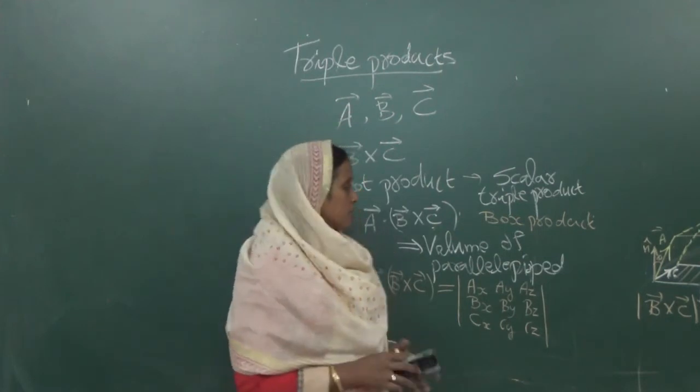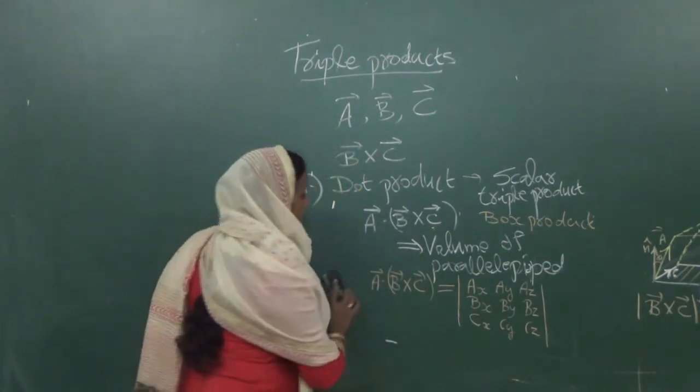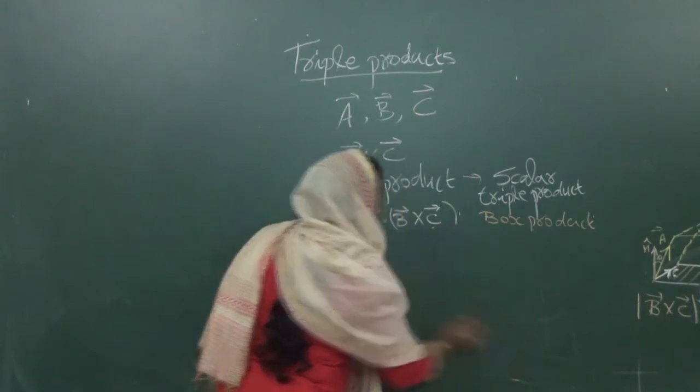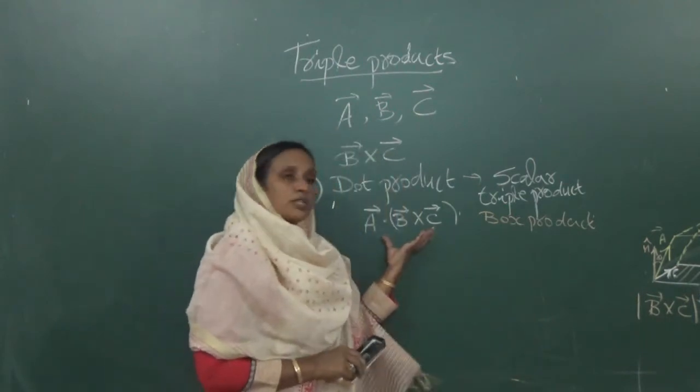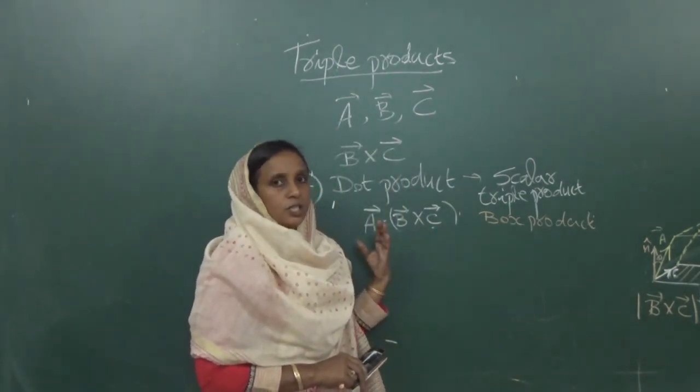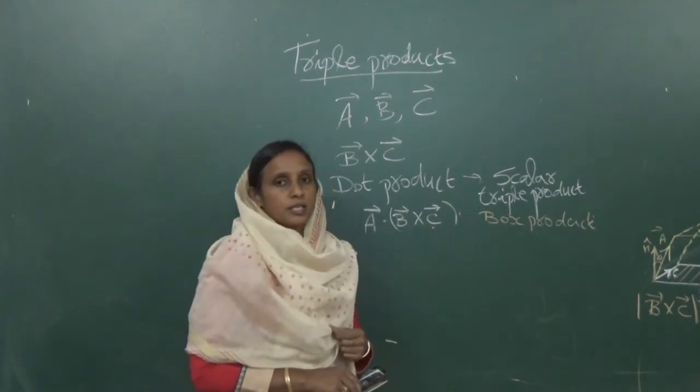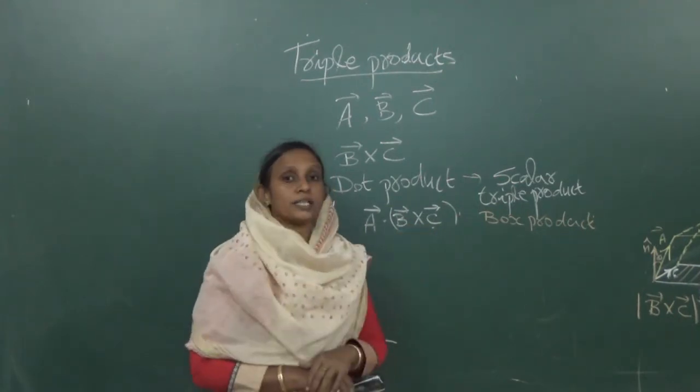Now we can check its properties. In the case of the box product or scalar triple product, the dot and cross are interchangeable.